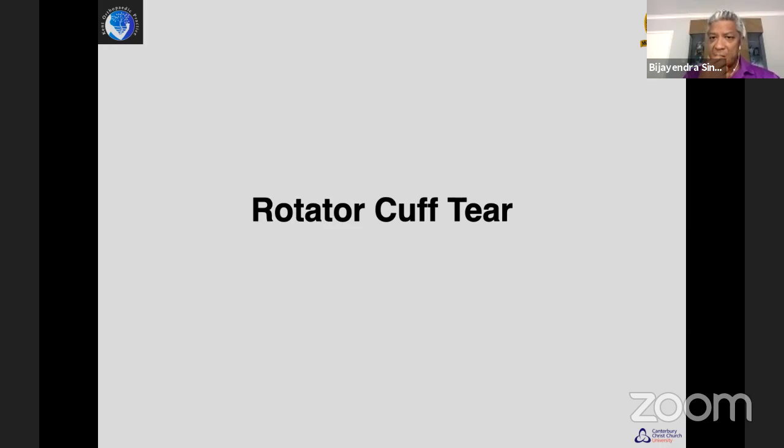In general, I'm not going to talk to you about the basics of the rotator cuff. I expect everybody to know the basics, but the rotator cuff essentially is a group of 4 muscles. When the term rotator cuff is used in normal terminology, most of the time we think about the supraspinatus and the infraspinatus.